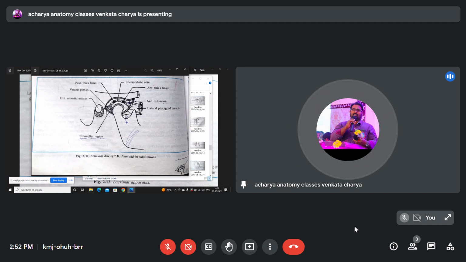So first, capsular ligament. Above, it attaches to the peripheral margin of the mandibular fossa.